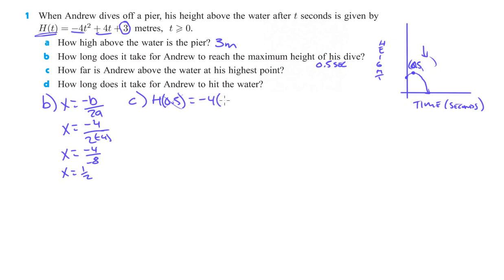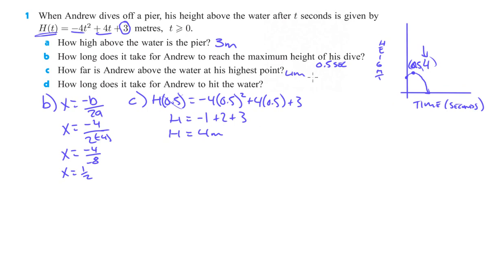Negative 4 times 0.5 squared plus 4 times 0.5 plus 3. 0.5 squared is a quarter, negative 4 times a quarter is negative 1, half of 4 is 2, and then plus 3. So his max height is 4 meters.